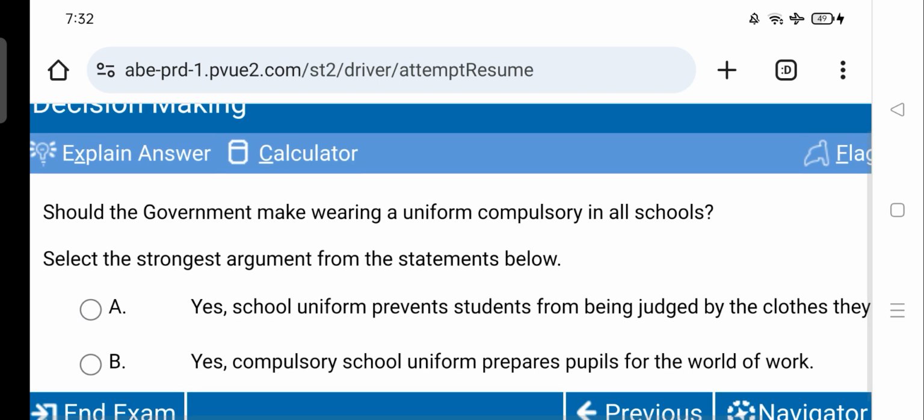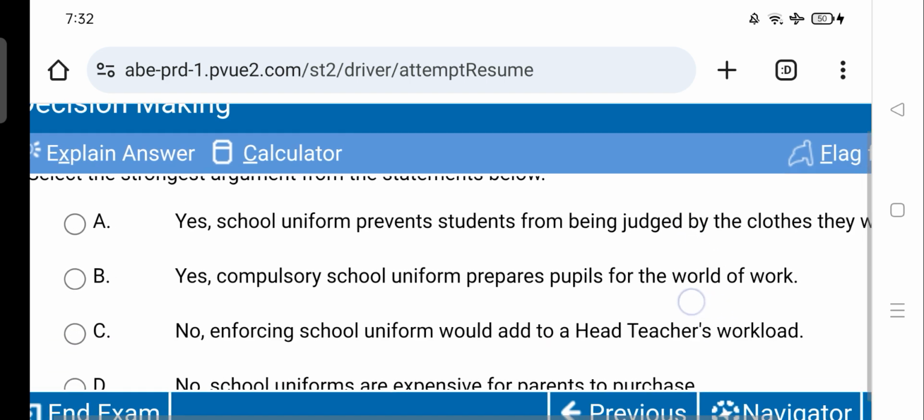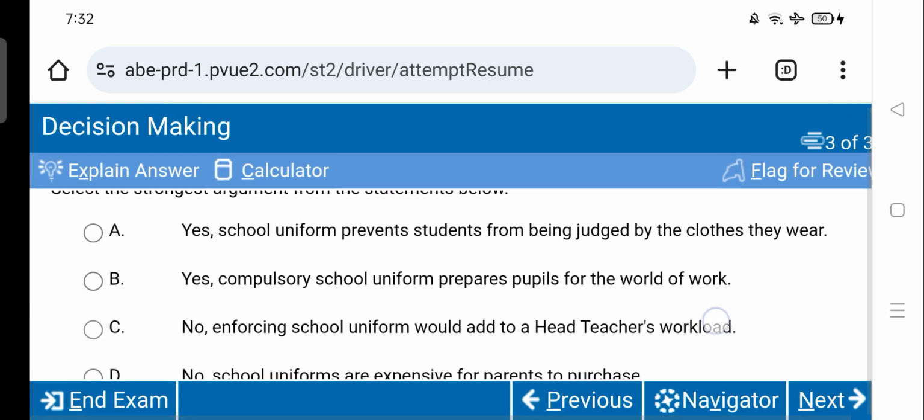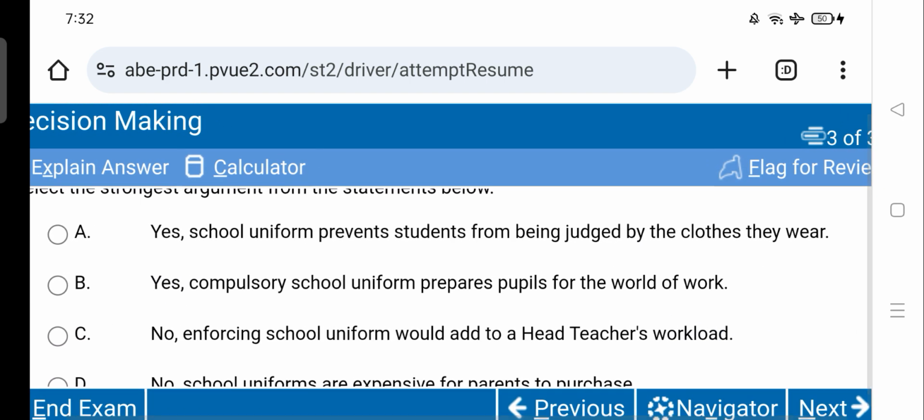Should the government make wearing a uniform compulsory in all schools? Select the strongest argument from the statements below. Option A, yes, school uniform prevents students from being judged by the clothes they wear.